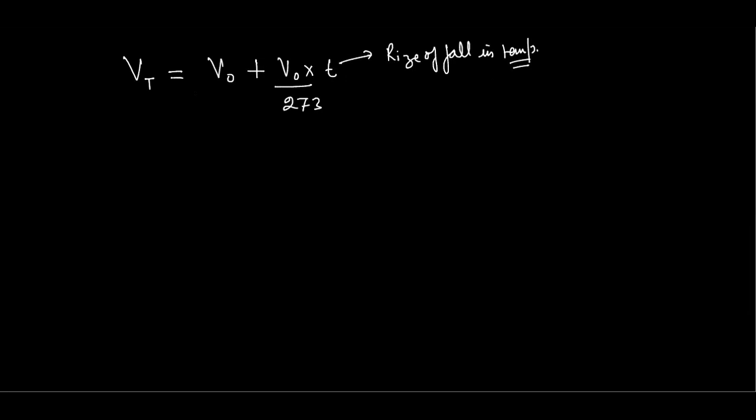Sir, why have you taken 273 in the denominator? Because this was an experimental value. When he was doing the experiment, he found that for a fixed volume of a gas, for every 1 degree rise in temperature, 1 upon 273 times the volume of the original gas increases.